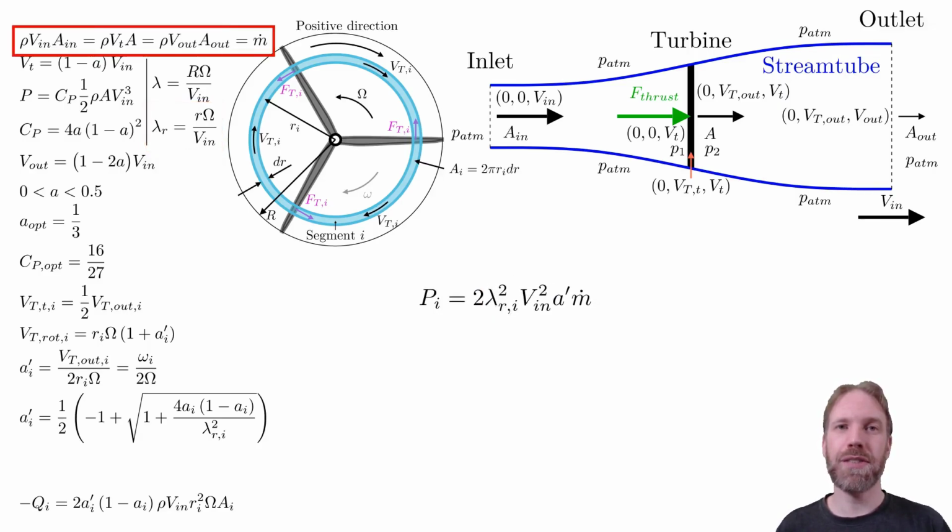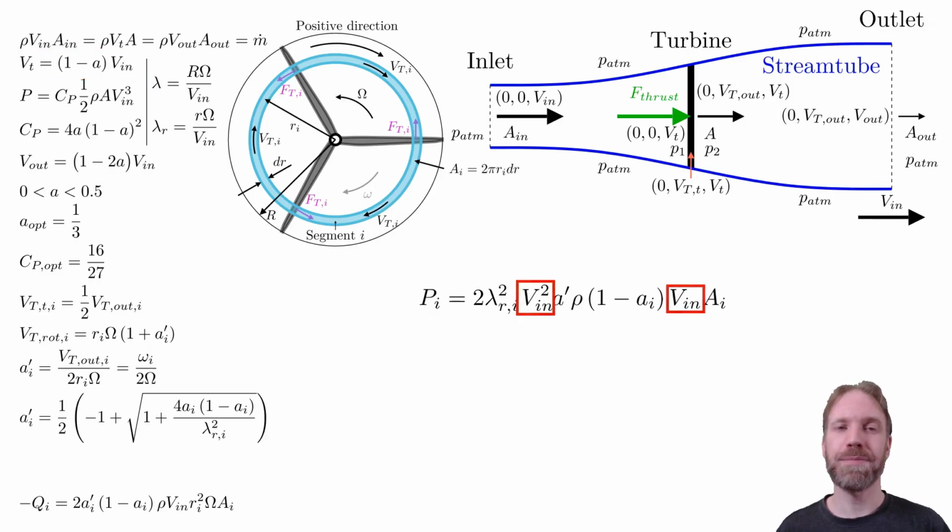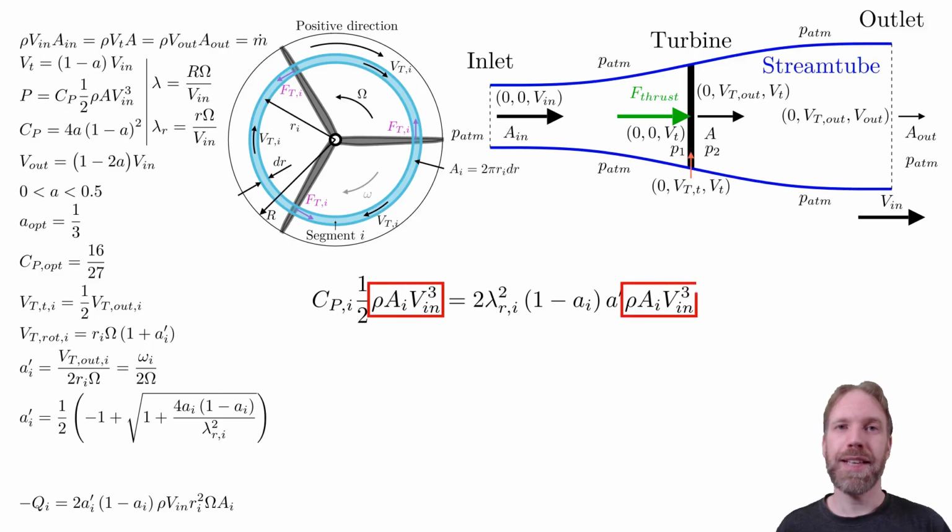Use the continuity equation to replace the mass flow. Use the actual induction factor to replace Vt. Combine. And reorder. Now we want to rewrite it as a power coefficient. Replace the power. These cancel.